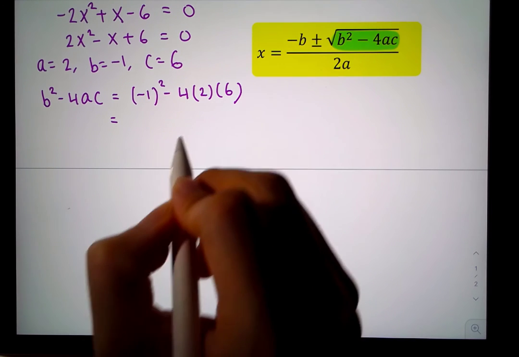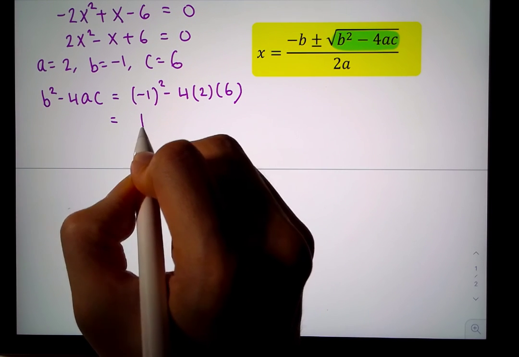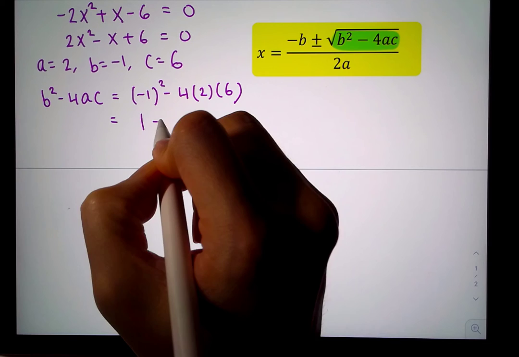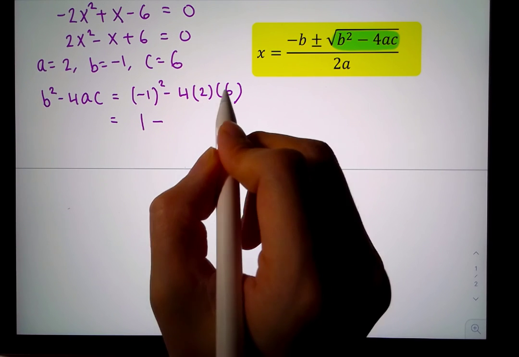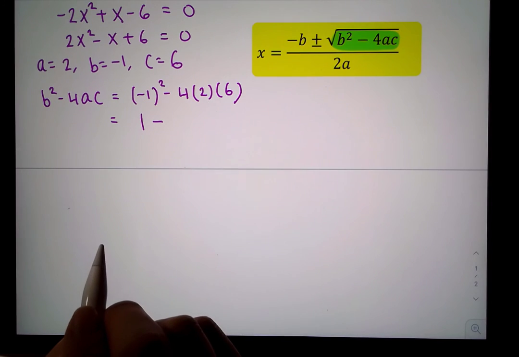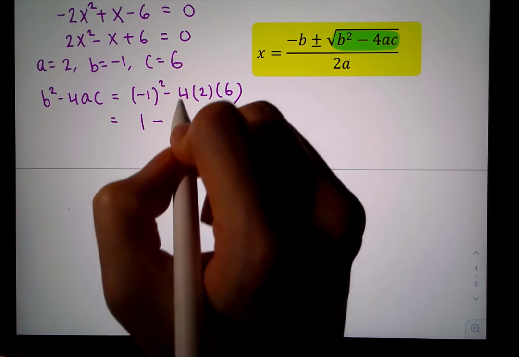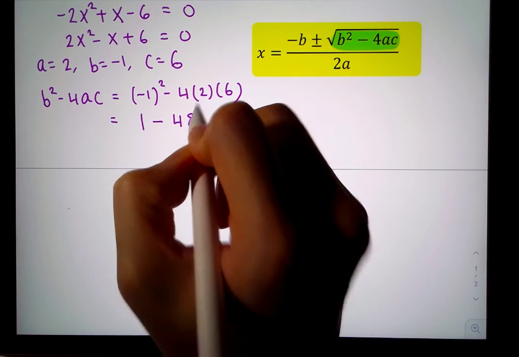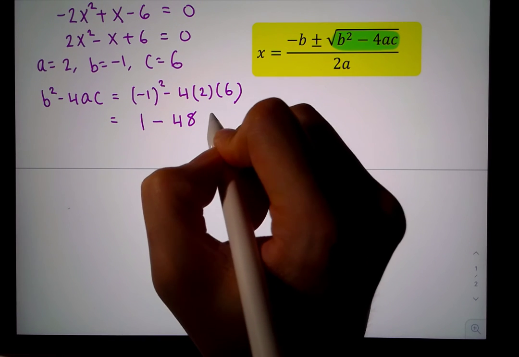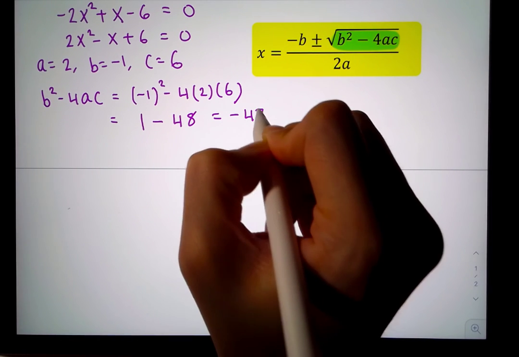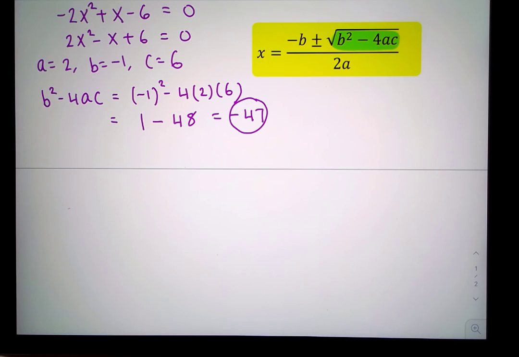And what's -1 squared? +1, right? And minus 4 times 2 times 6. Then that is 48. Right, that's 48. So you get -47. You get -47, right?